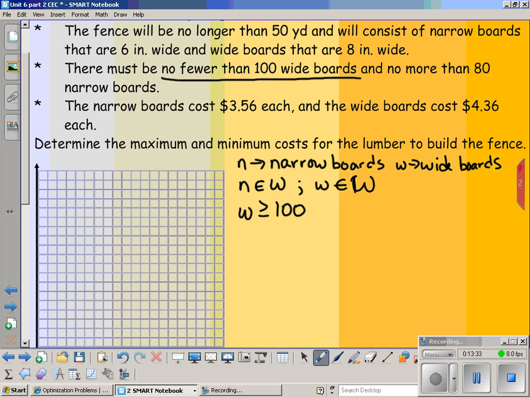You can have 100, but you must have 100 or more. And then it says no more than 80 narrow. So that means our narrow boards has to be less than or equal to 80. It tells us that the fence is no longer than 50 yards and it's made of 6-inch narrow and 8-inch wide.